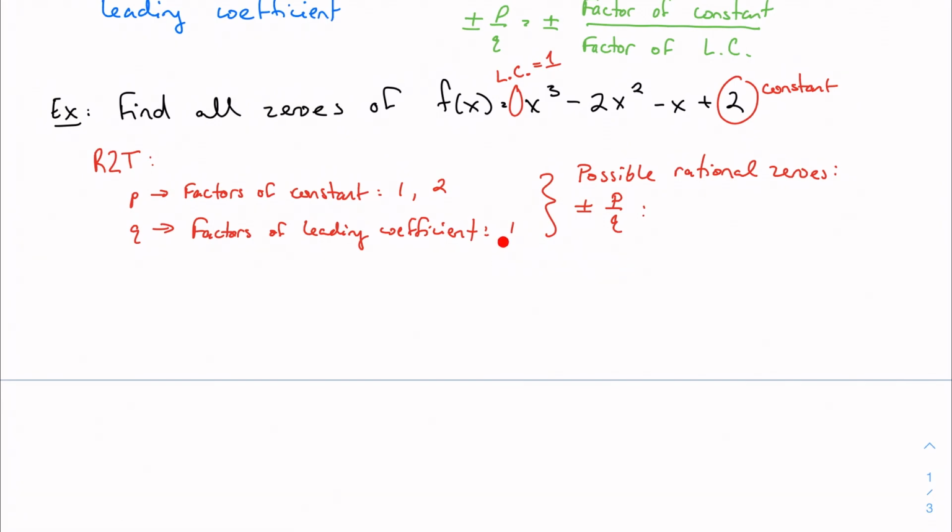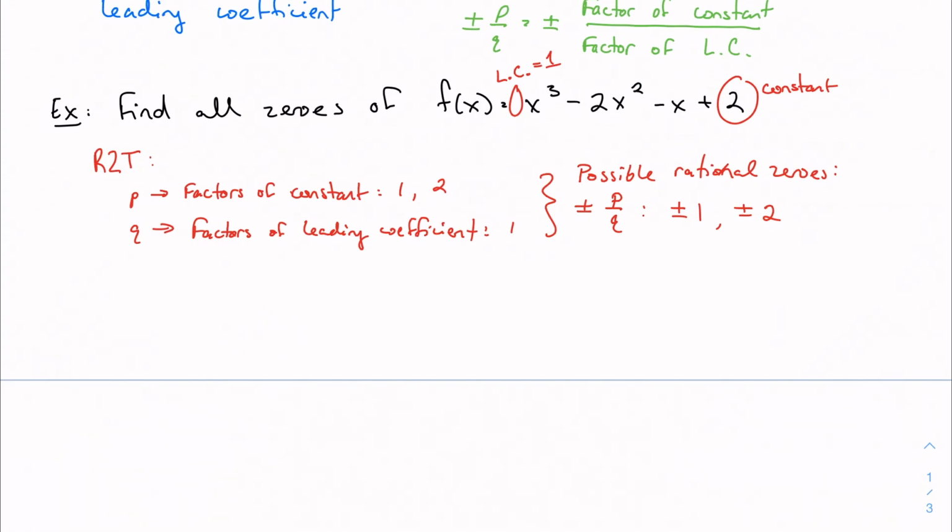So I have, in this case, just 1 divided by 1, which is just 1. And then I'm going to do that again for my next p. So 2 divided by all of my possible q's is, in this case, just 2 divided by 1. So my possible rational zeros are plus and minus 1 or plus and minus 2. So I have 4 different options here.